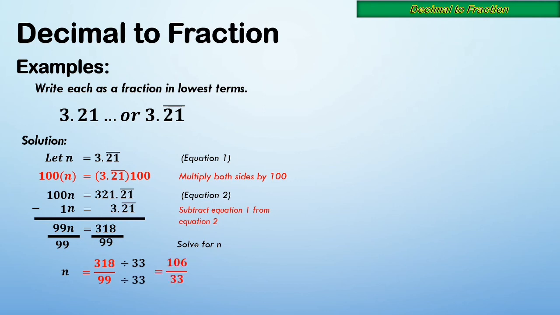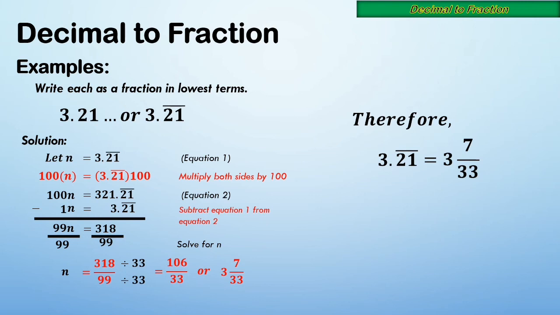Divide natin ng 33. Then you will have 106 over 33. Therefore, or kasi nga improper fraction siya, gawin natin mixed fraction. 3 and 7 over 33. Therefore, 3.21 is equal to 3 and 7 over 33.